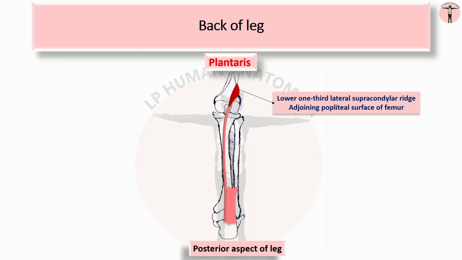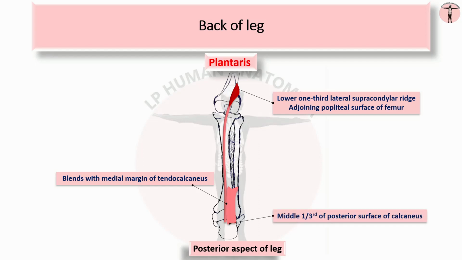In the lower part of the leg, it runs medial to the tendocalcaneus and blends with it. It is inserted into the middle 1/3 of posterior surface of calcaneus through the tendocalcaneus. Plantar aponeurosis is the degenerated part of plantaris.